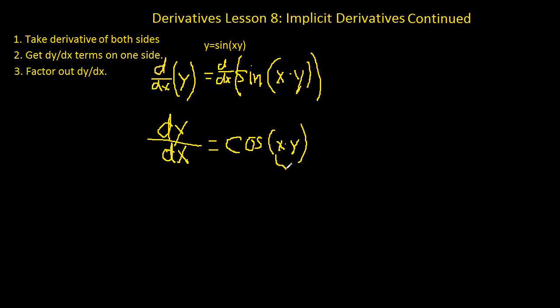So the derivative of the inside, we'll use our product rule. The first term's derivative is 1 times the second term, y, plus the first term times the derivative of the second term, dy dx. So we can rewrite this as y plus x times dy dx.